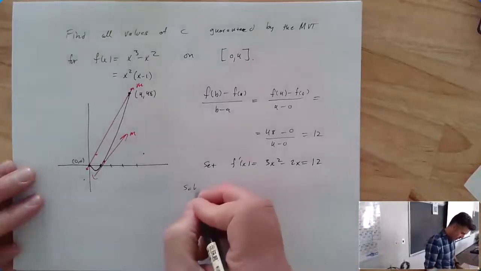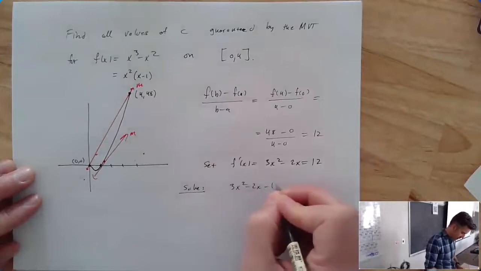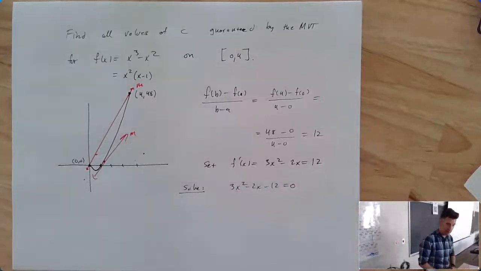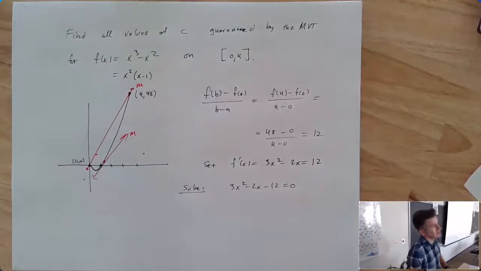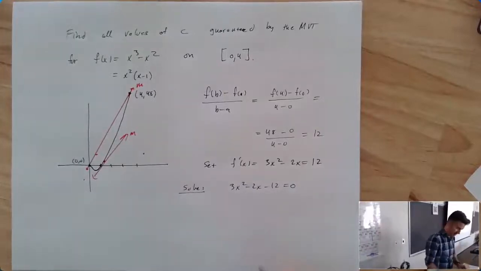So solving that, we're going to have 3x squared minus 2x minus 12 equal to 0. And as much as you might wish it was true, it does not factor. You can spend some time trying to factor it. It doesn't factor. So if a quadratic doesn't factor, you get to use the quadratic formula. Like, yes, fun times.